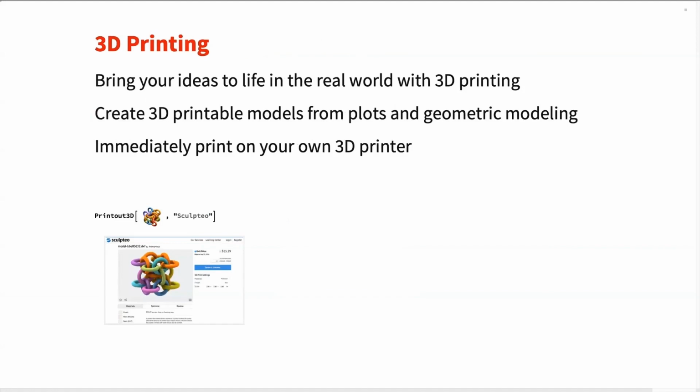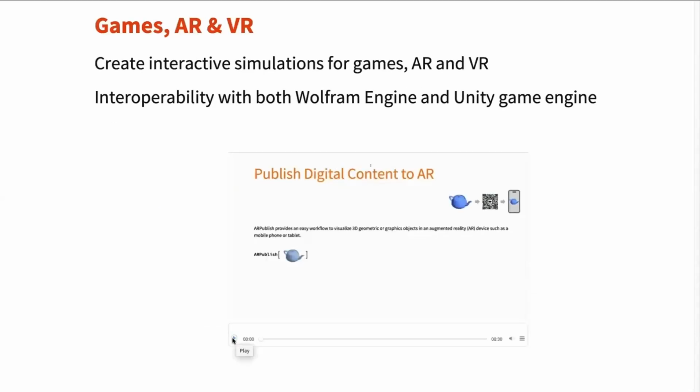Now, to bring your idea to life in the real world, you can 3D print them. Wolfram geometric computation provides fully integrated capability to directly 3D print geometric models using either an online printing service or your own 3D printer. You can also create interactive simulations for games, AR and VR immersive experiences.